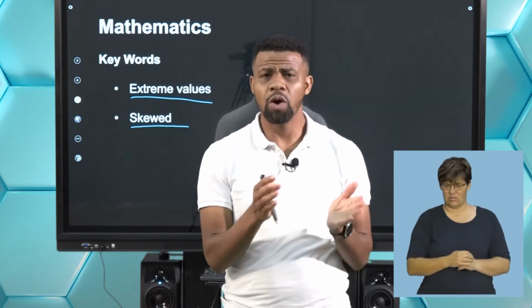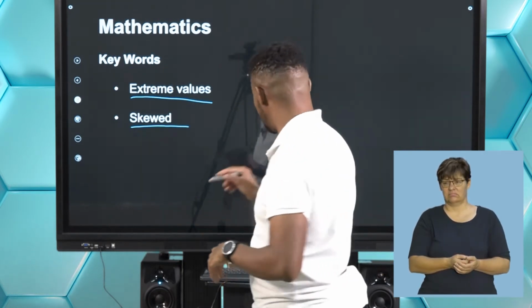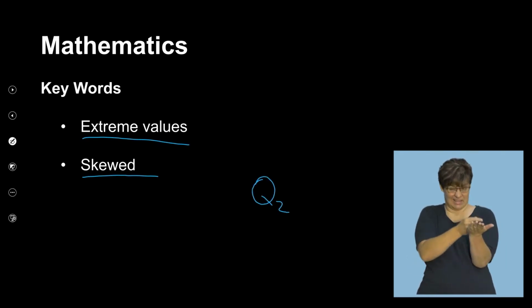Now let's look at skewed. What is skewed? We might have data which is skewed. If you look at the median, which is the middle of your data, let me draw, let's say the median is here. We have the median, which is the middle.